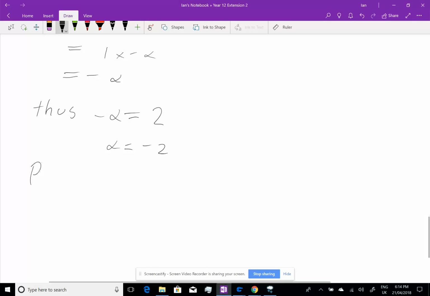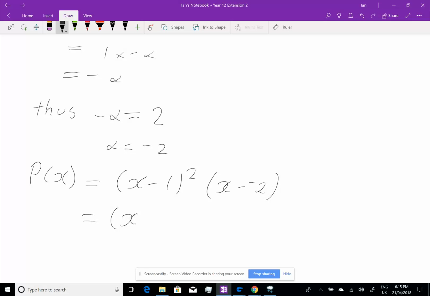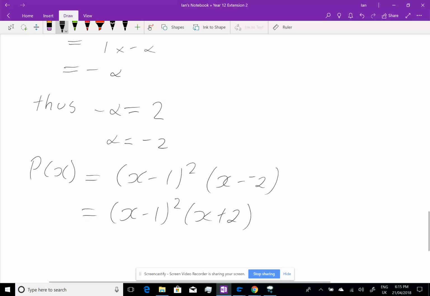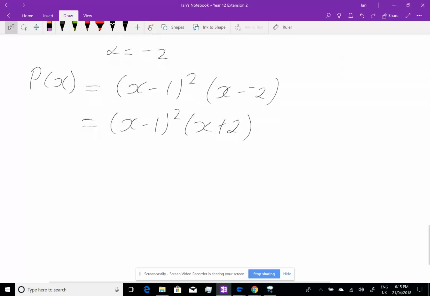And P(x) equals (x minus 1) all squared times (x minus negative 2), which is (x minus 1) all squared times (x plus 2), which I could then expand out and get the original equation just to double check it.